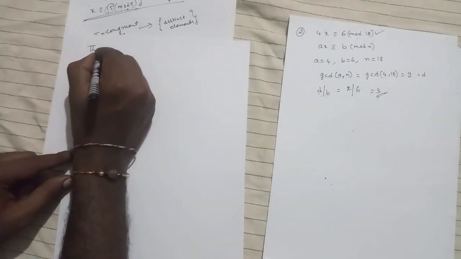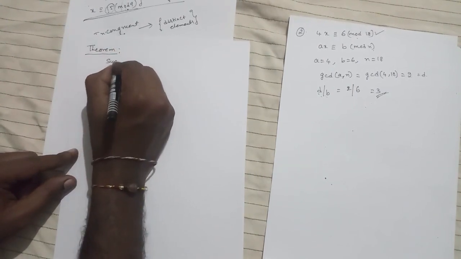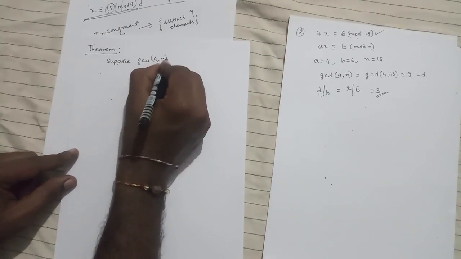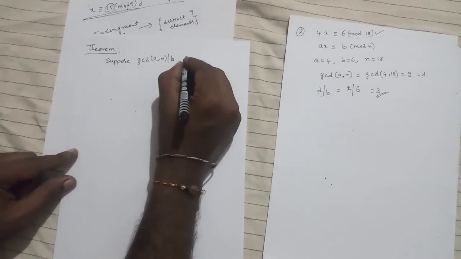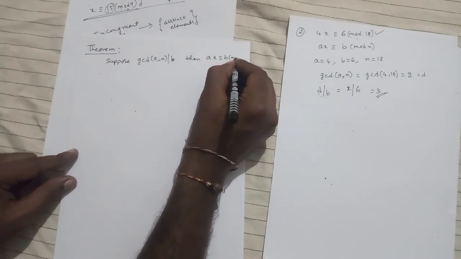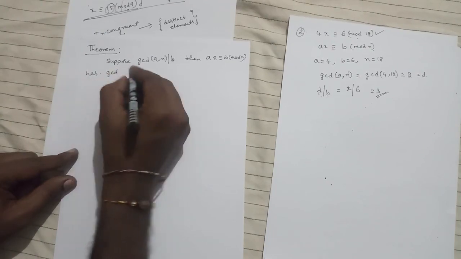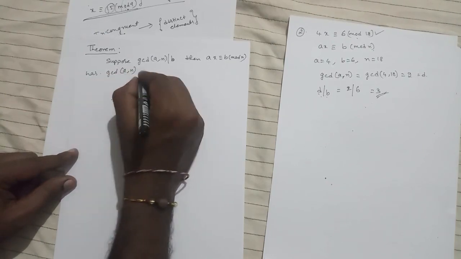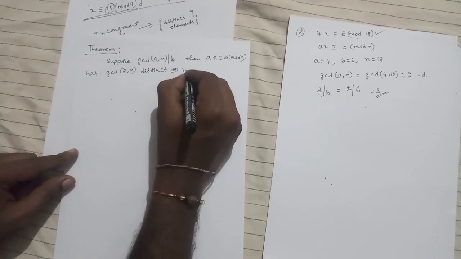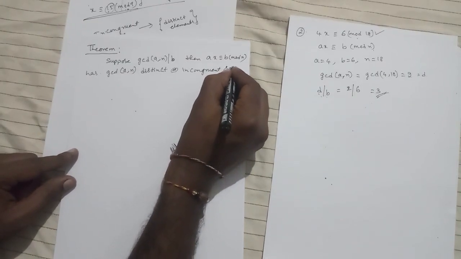Theorem. Suppose GCD of a comma n divides b, then ax is congruent to b mod n has GCD of a comma n distinct or incongruent solutions.